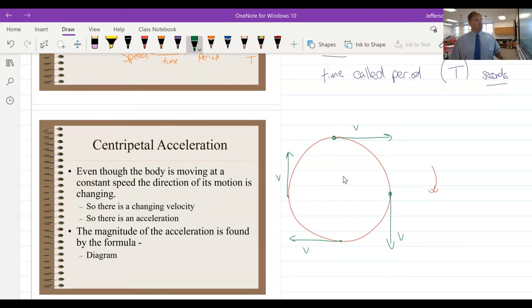This velocity is always tangent to the circle, or to the circular path.